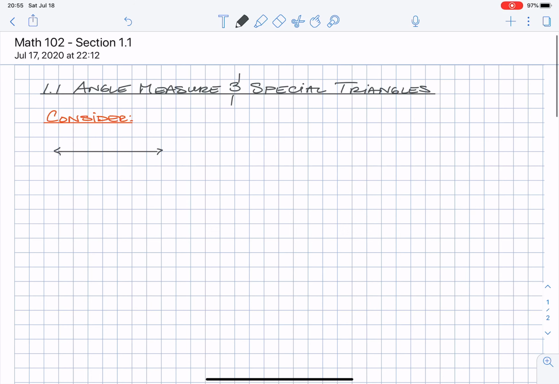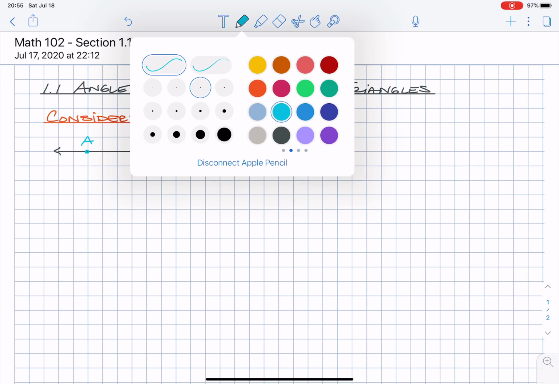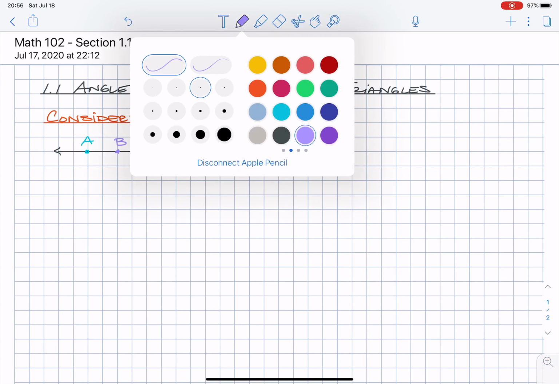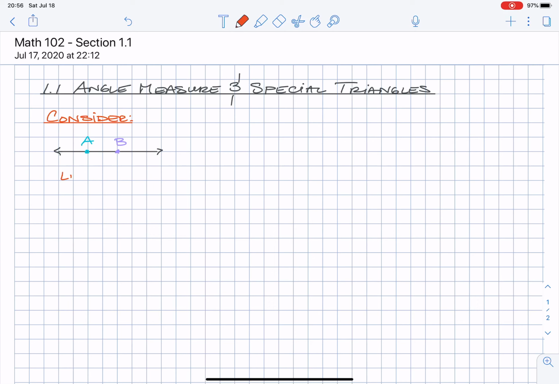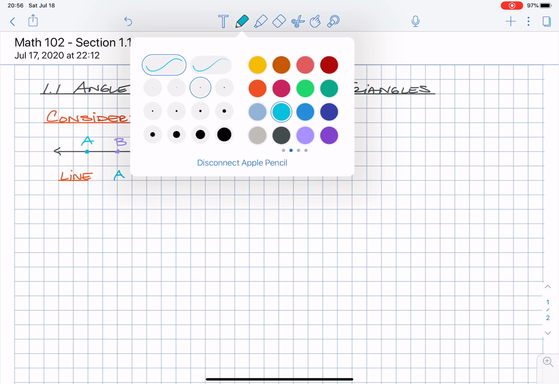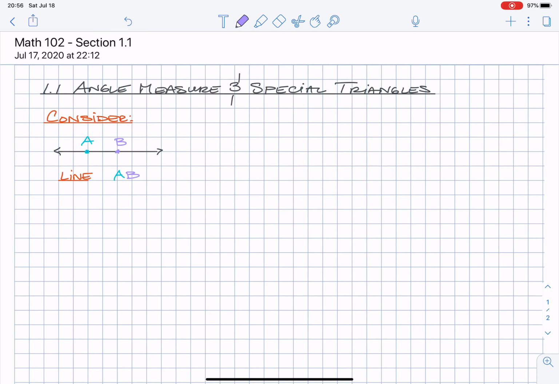So we call line AB the line through points A and B. And notice the arrows are going off in both directions. So what we put on top is a little line with arrows in both directions. That symbol indicates line AB.